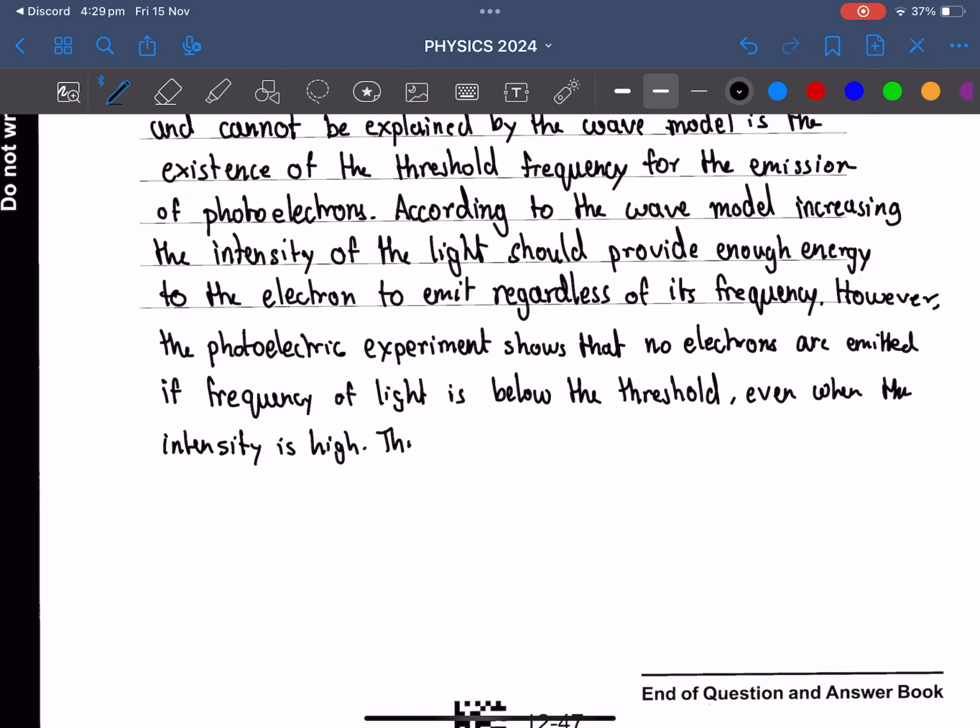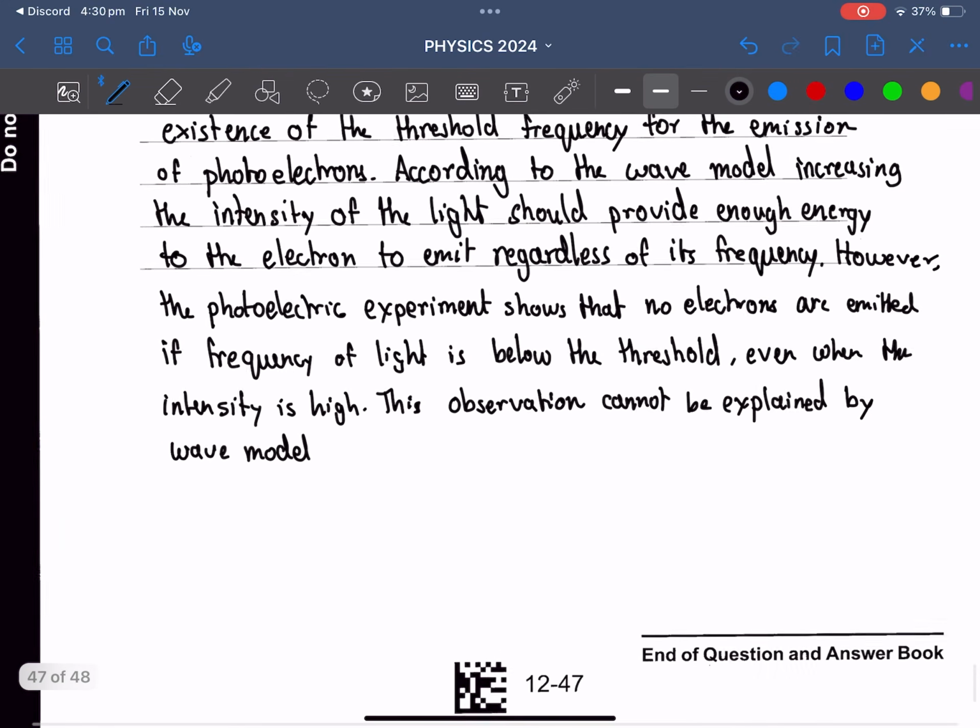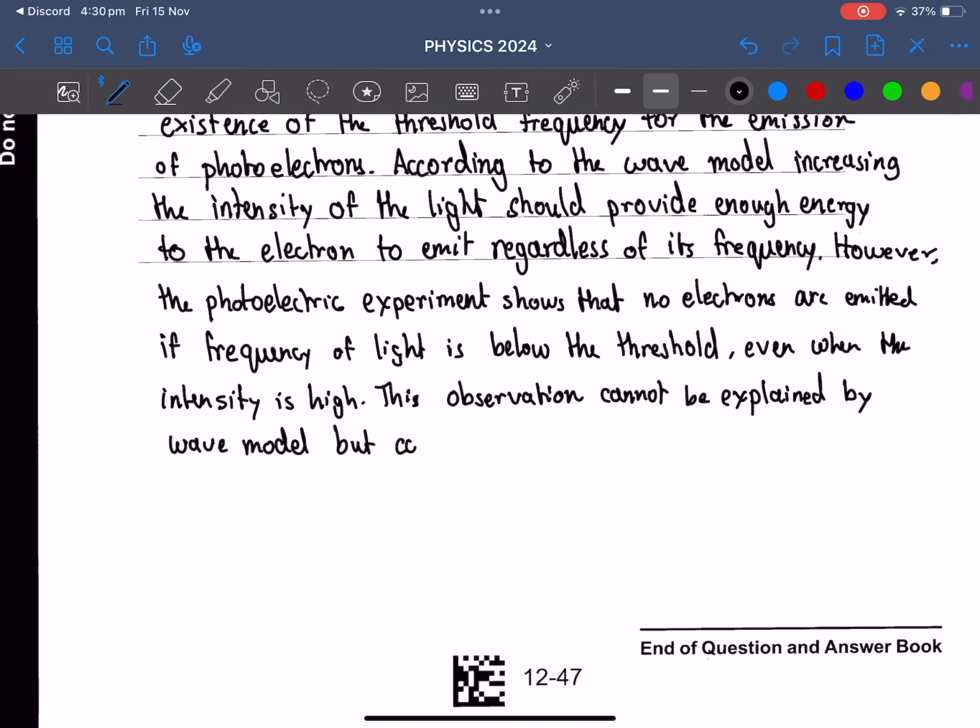This observation cannot be explained by the wave model, but can be explained by the particle model.